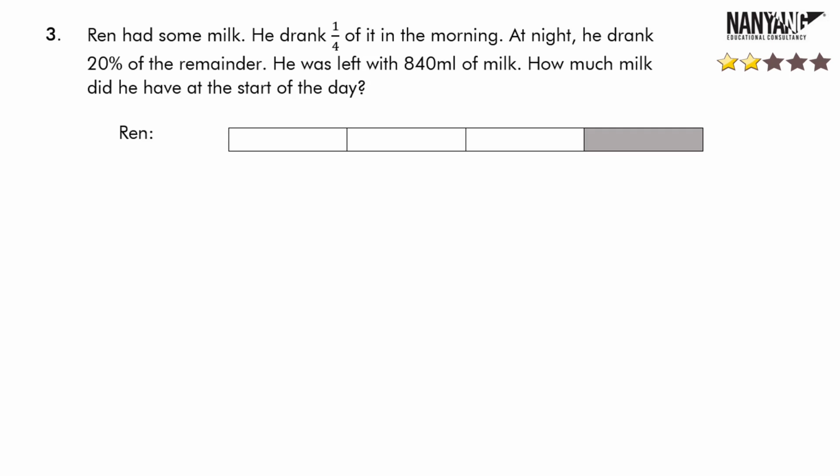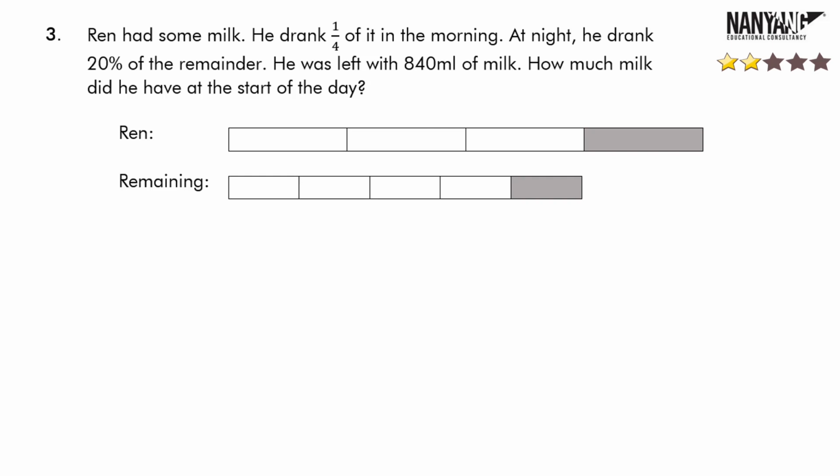Alright, so first we draw a model for Ren and we divide it into 4 parts. We shade one of those parts as he drank 1/4 of it in the morning. For the remaining, we make sure the length is equal to 3 parts. Then we divide it into 5 of them, and we notice that Ren drank 20% of this remaining, so we shade one of it.